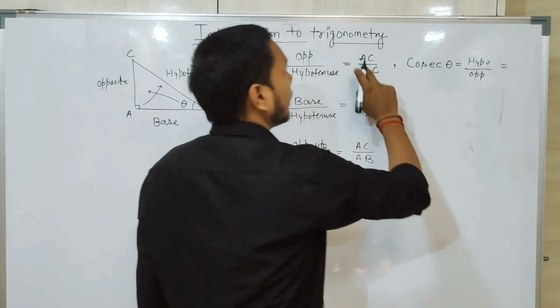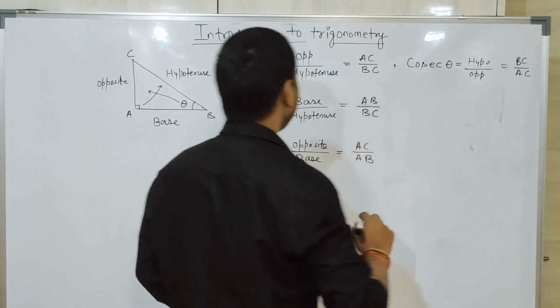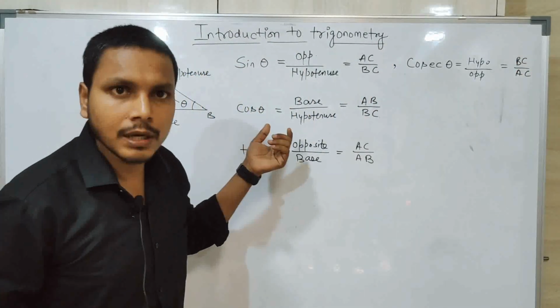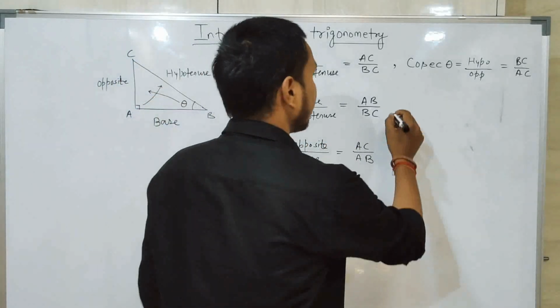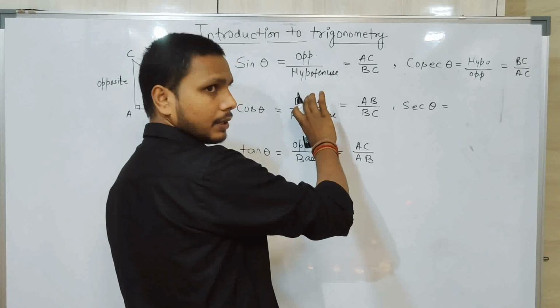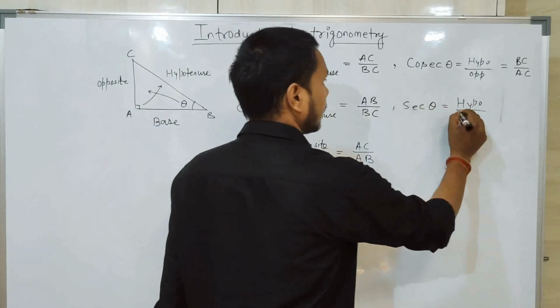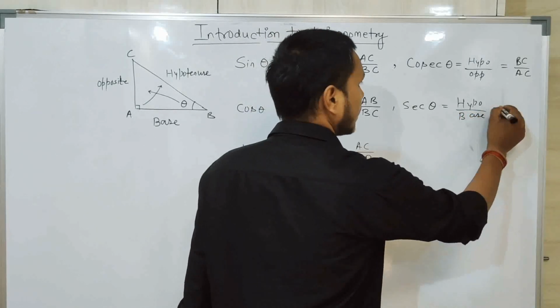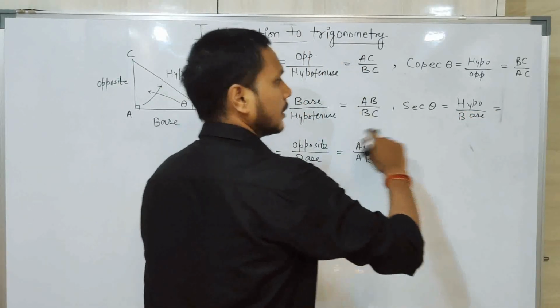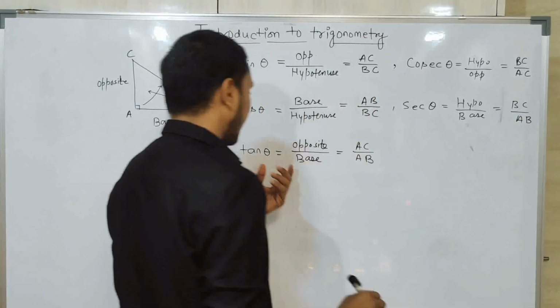Similarly, the reciprocal of cos theta is sec theta, which is hypotenuse upon base, and in side form BC by AB.